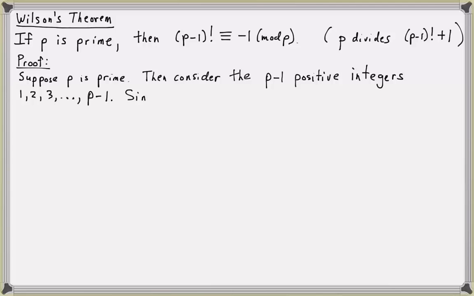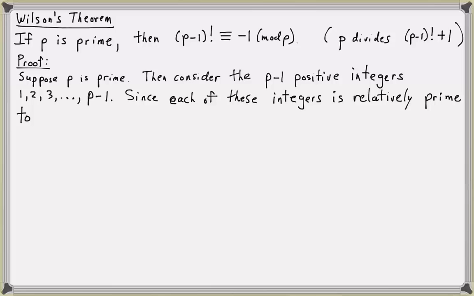Since each of these integers is relatively prime to p, each one has a unique inverse mod p.